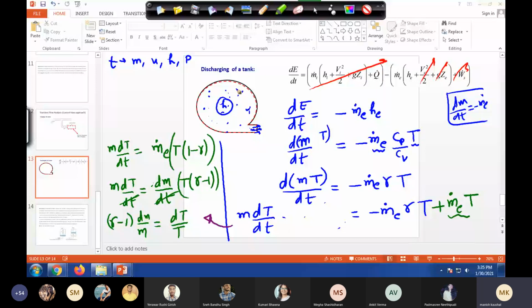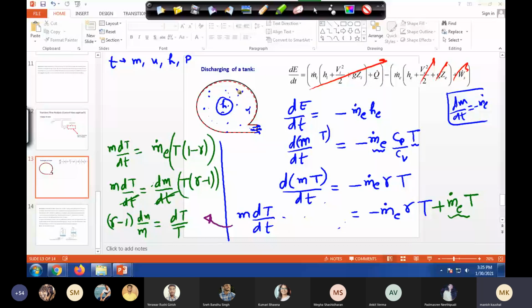In the energy balance, we write the property of the fluid which is coming out of the CV, but that property is linked with the CV. It's not the outer condition, and that's why we can write it.